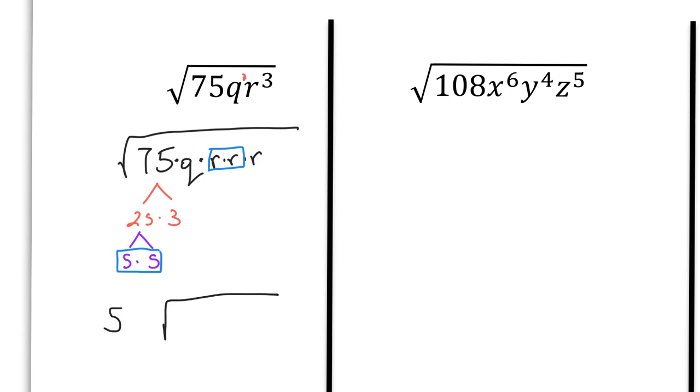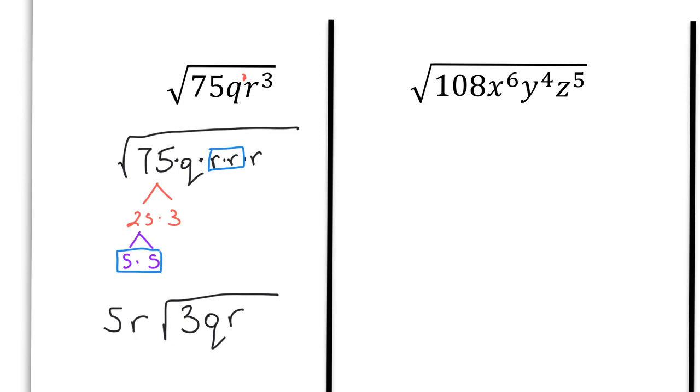I have a pair of r, I put the r, and then inside I have the 3. That one doesn't have a pair, so I put the 3 here. The q doesn't have a pair, and there's an r with no pair, so those stay inside. That's the answer: the square root of 75qr cubed is 5r times the square root of 3qr.